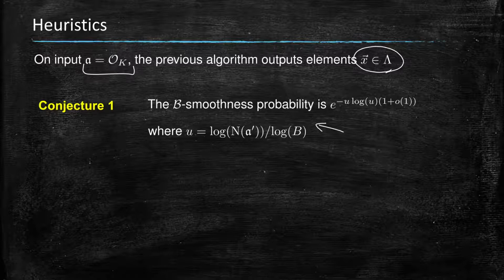Okay, so this is basically saying that the smoothness should be the same as the smoothness of integers. This is proven in the case of reduced quadratic forms, but this is conjectural when we're working in high degree. Okay, when the degree goes to infinity, that's where it becomes really hard to argue that we have a good distribution for the smoothness probability, to claim that it actually behaves like we were drawing random integers.